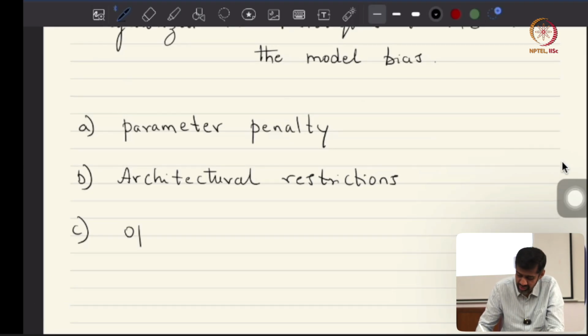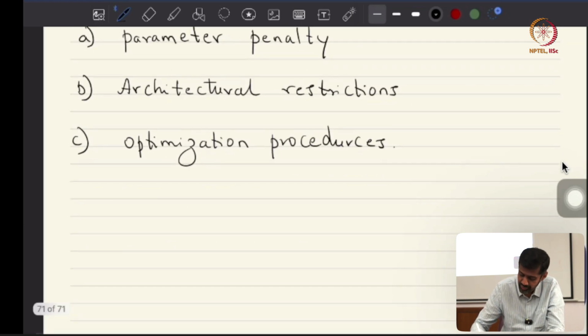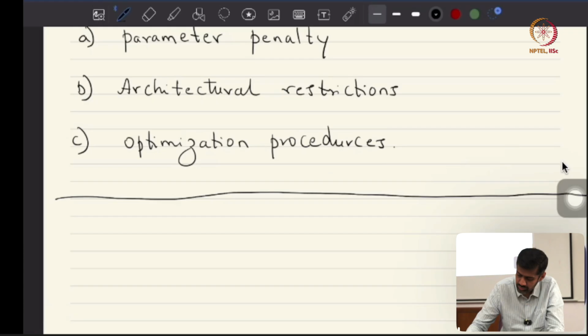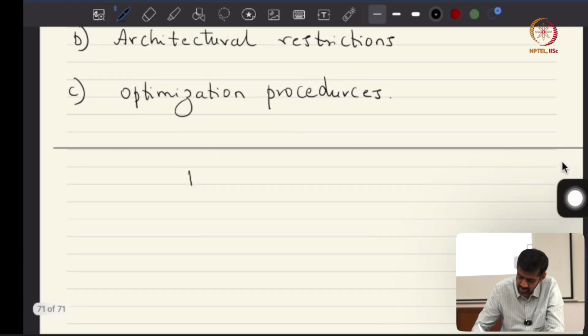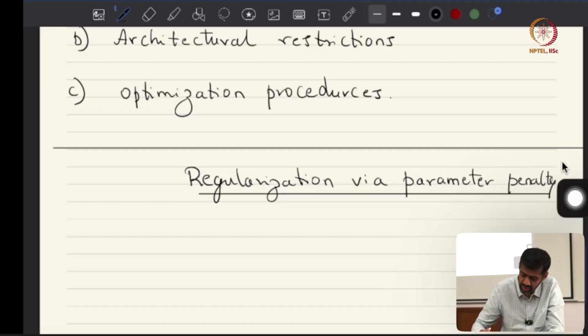So optimization changes. We will see examples for all these, okay, as we move on. So let us look at the parameter penalty way of doing it. So regularization through parameter penalty. Okay.